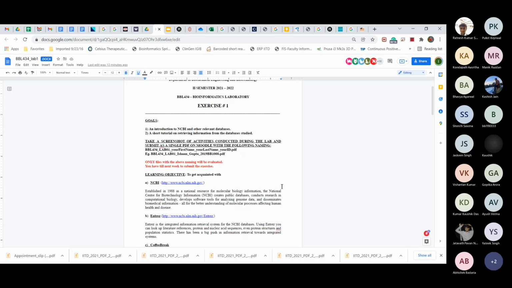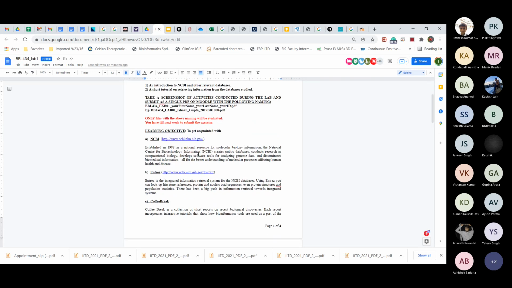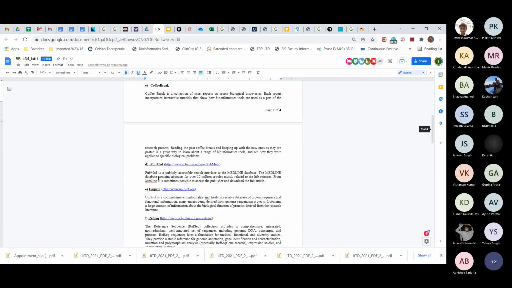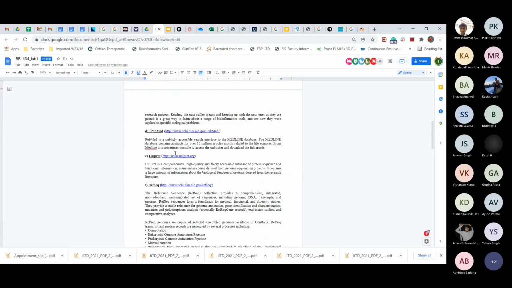So the basic learning objective is to get acquainted with NCBI, Entrez, PubMed, UniProt. PubMed is something that I introduced to you in the first class, when a news article was shared about elephants not getting cancer. This is the database in NCBI which stores all the publications.